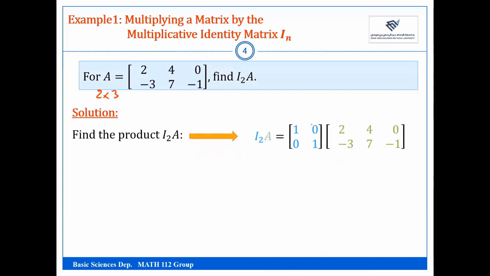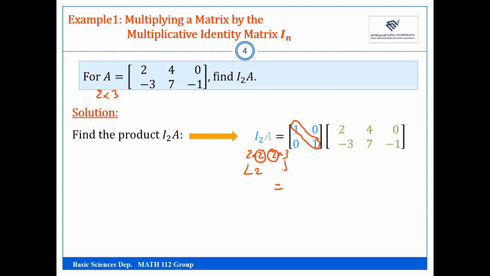So this is the identity of order 2, 1 on the diagonal, 0 elsewhere. We multiply it by this matrix. This is 2 by 2, this is 2 by 3, so it gives us a matrix 2 by 3.